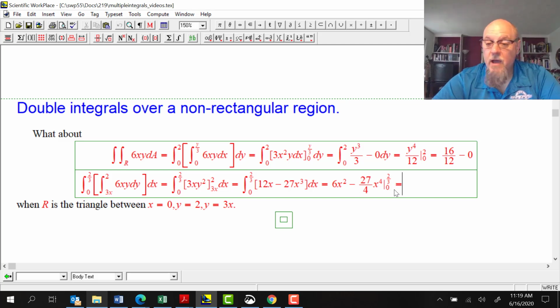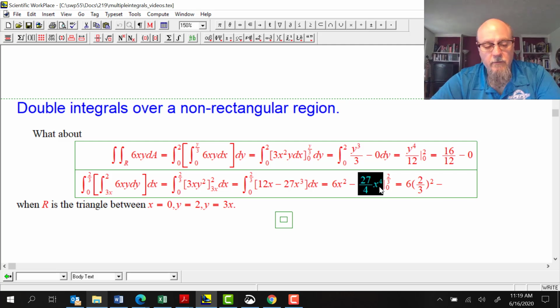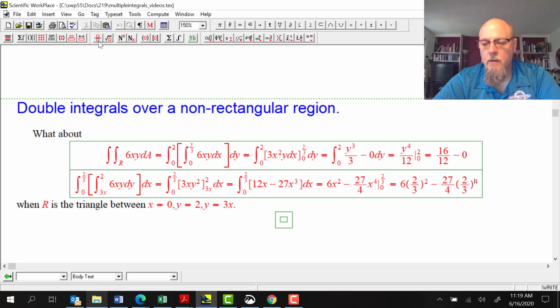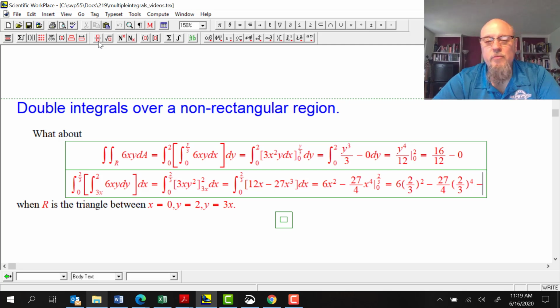All right. Now, these are x's we're subbing. Well, there's only x's left. So when I sub in the top, I'm going to get 12 times 2/3, minus 27 over 4 times 2/3 to the fourth, minus, now there's two pieces here.